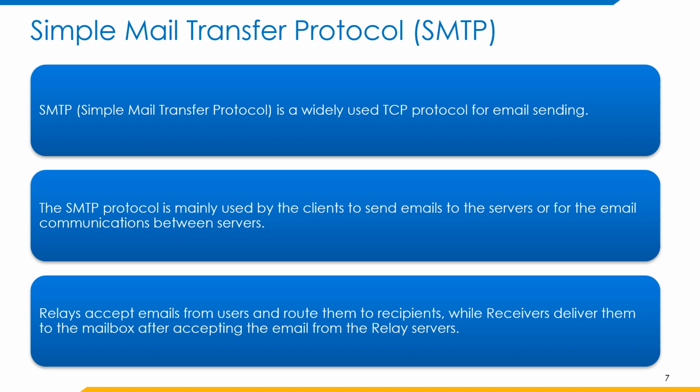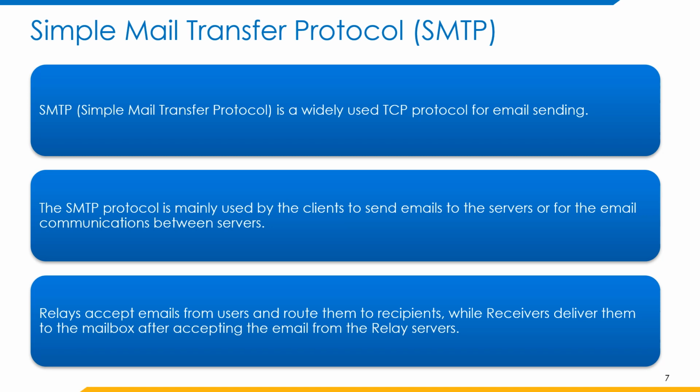Much like a mail carrier, every email message passes through the mail server before reaching its destination. Relays accept emails from users and route them to recipients, while receivers deliver them to the mailbox after accepting the mail from the relay servers.